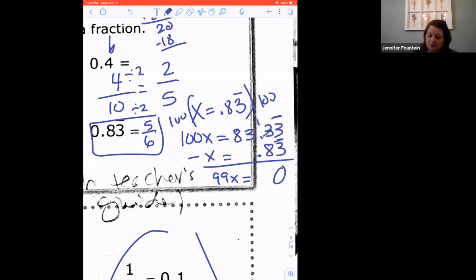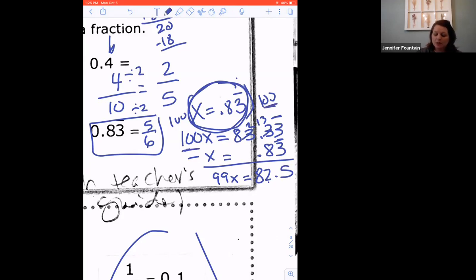So then I'm just going to subtract as usual, and I end up with 82.5. Let me write that a little bit better. Basically I set x equal to what my repeating decimal is. To clear that decimal, I multiply by 100 because it's 2 places after the decimal.